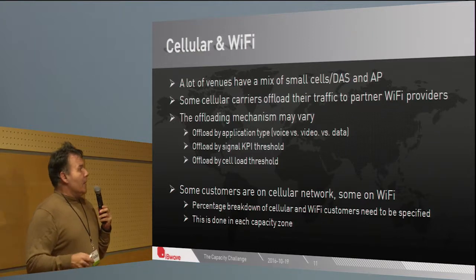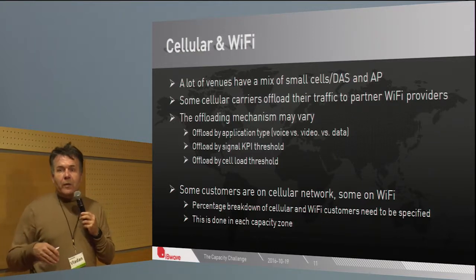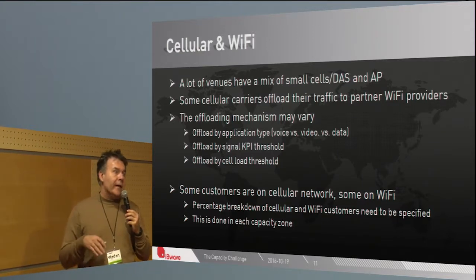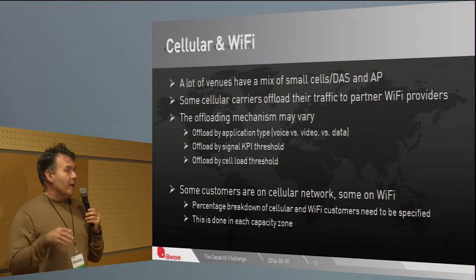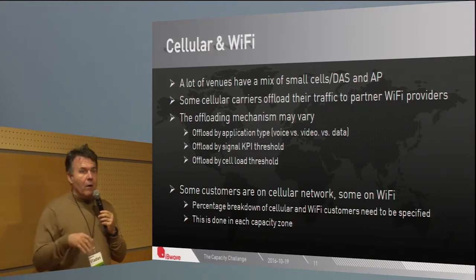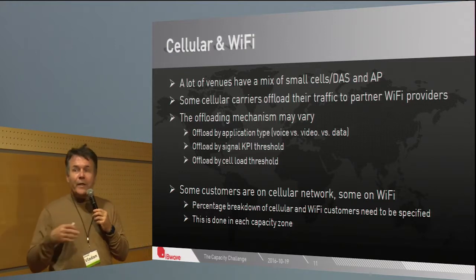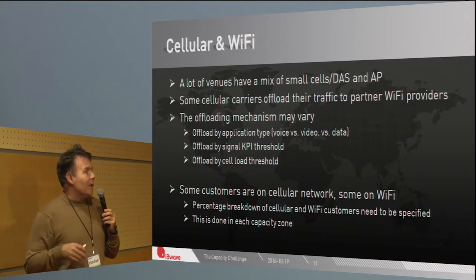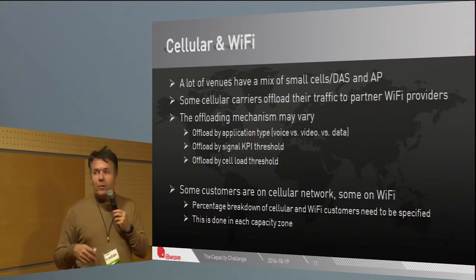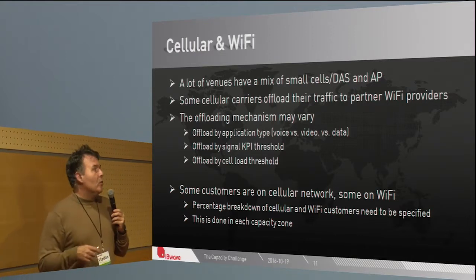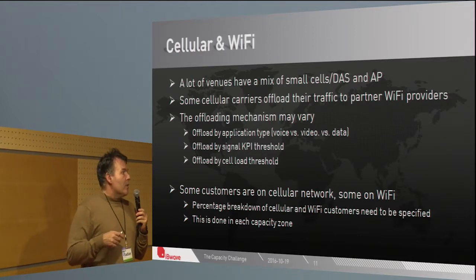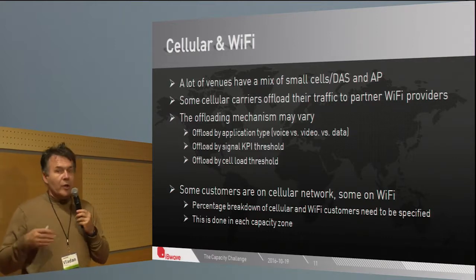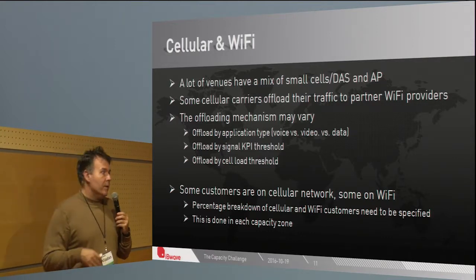But no matter what, that needs to be taken into account if you are given a task to design a Wi-Fi network alongside a DAS or small cell network that already exists in a hotel or in a venue. Then you have to take into account that you are really going to be sharing those customers with cellular.